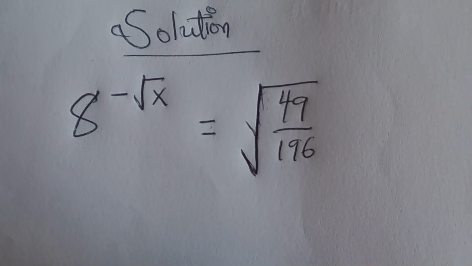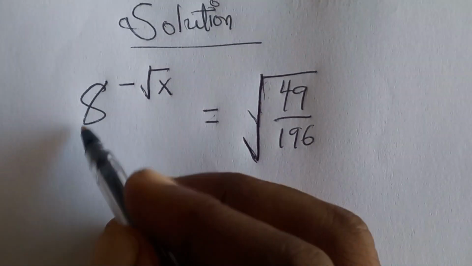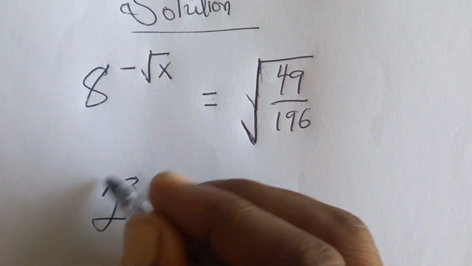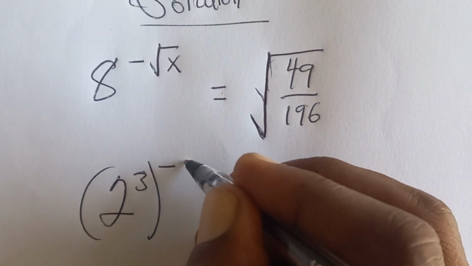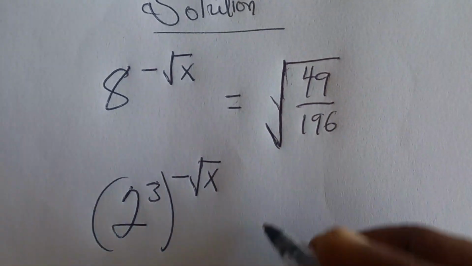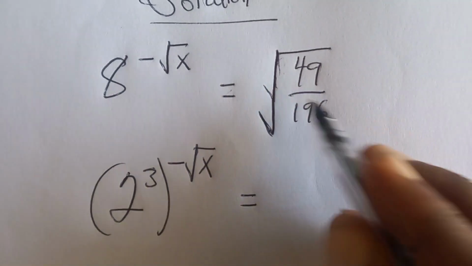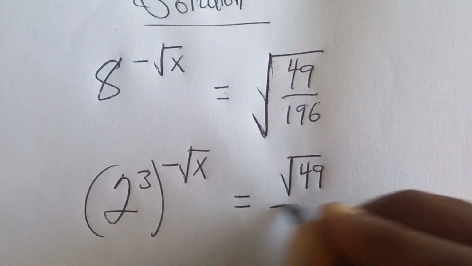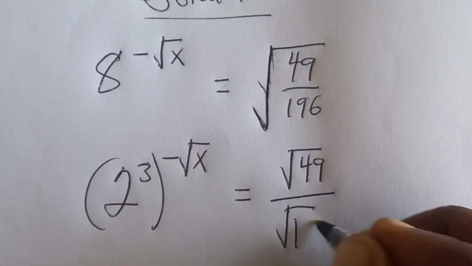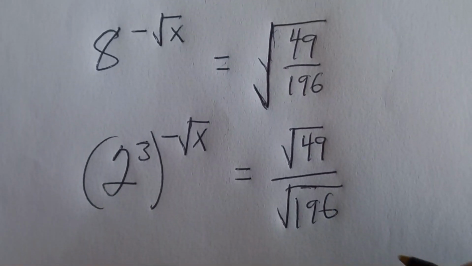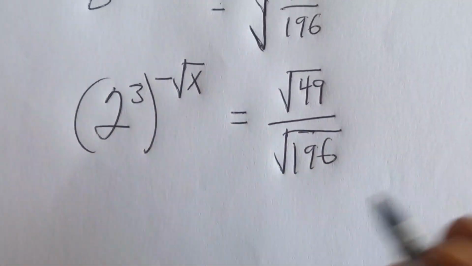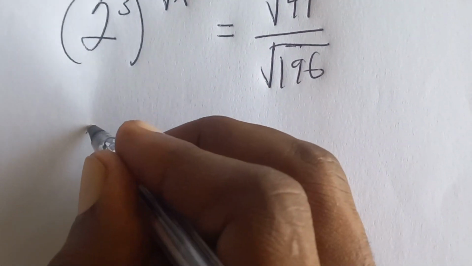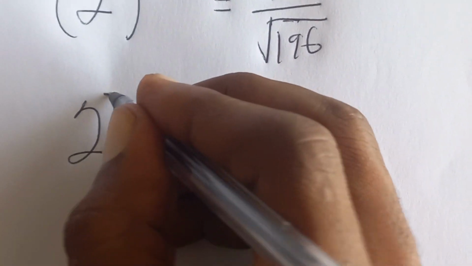Okay, so with this we can say that this 8 is the same as 2 exponent 3, all into brackets exponent negative root x, which is equal to, and then this we can rewrite as root 49 on root 196 like this.